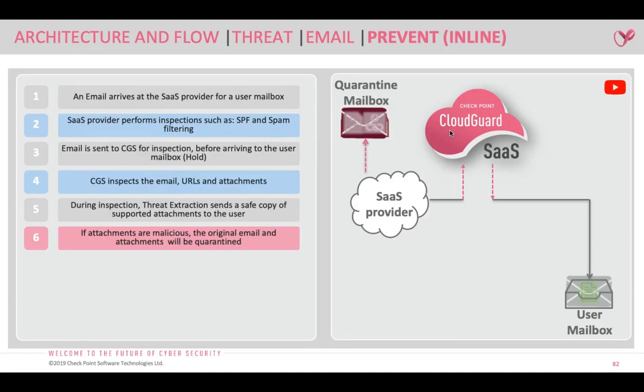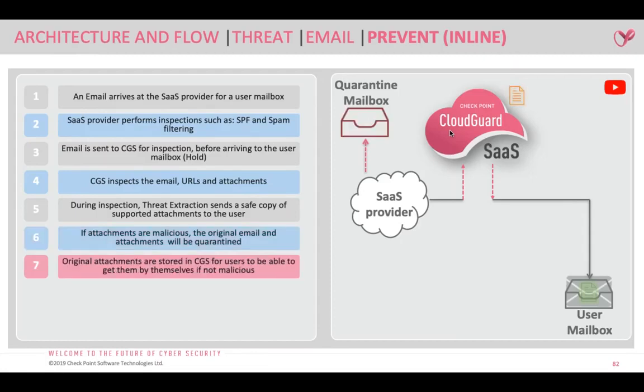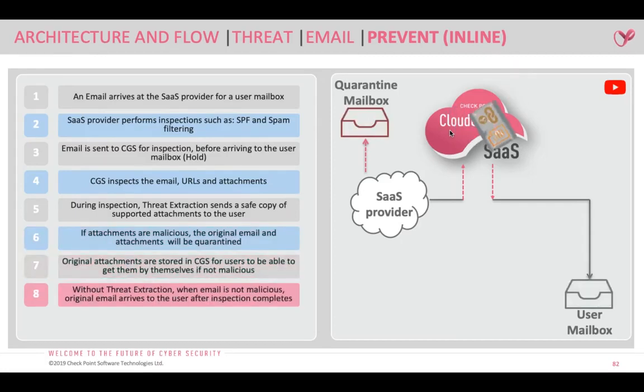So you can still ensure that your business continuity is intact. Now, it is to be noted here that without threat extraction, if mail is found to be innocent, the email will be delivered only once the whole inspection is complete. So this is how the threat protection for email works in prevent inline mode.